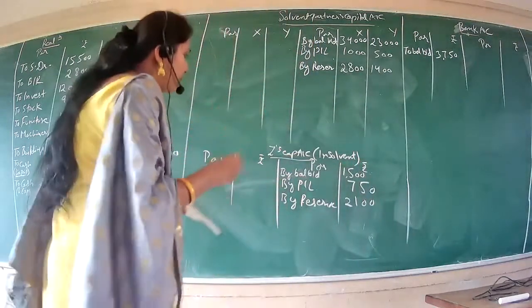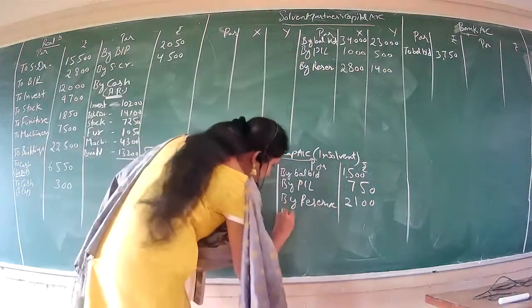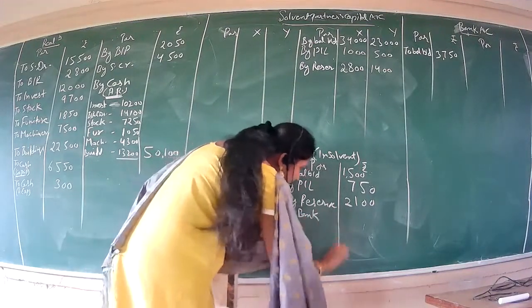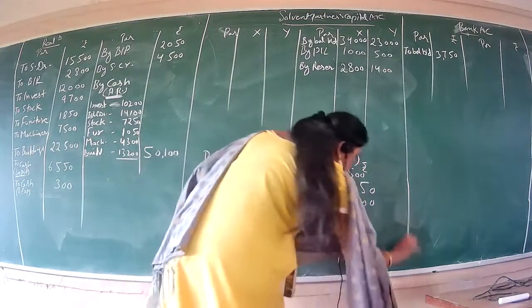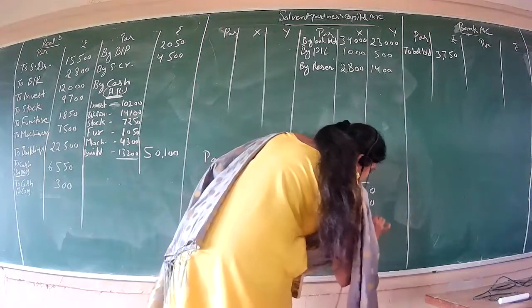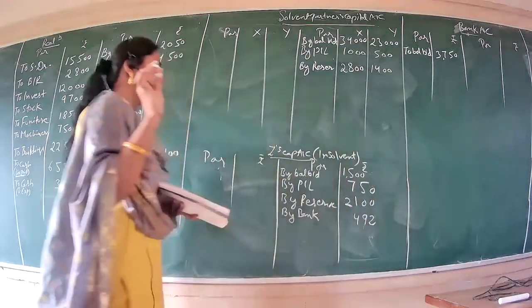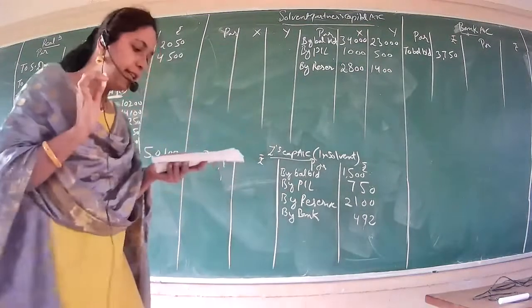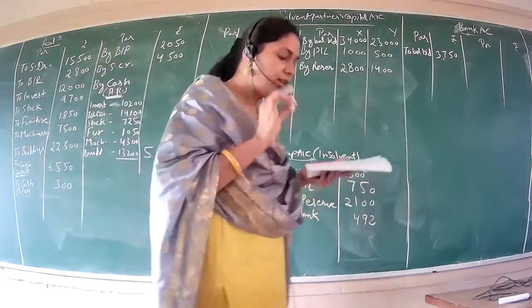So into the firm, we will do the entry because Z is getting the cash, that is the bank account here. That means his credit balance of capital will increase by how much? 492. Okay.